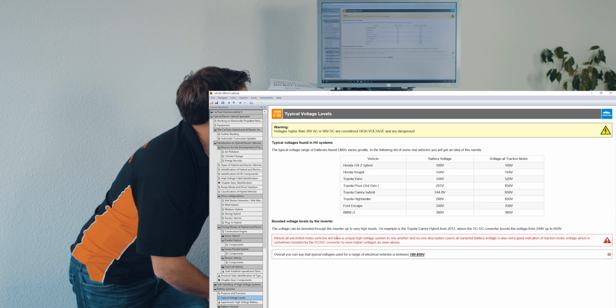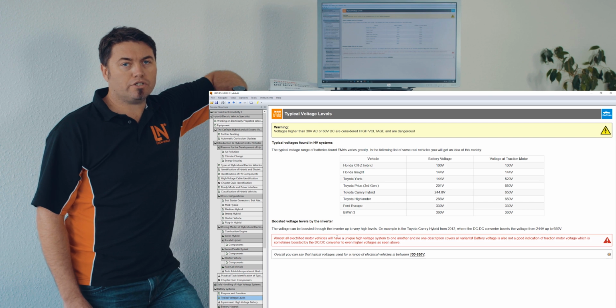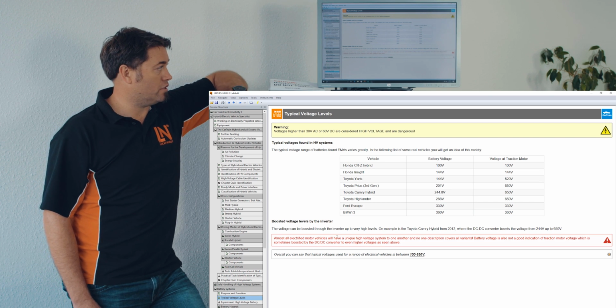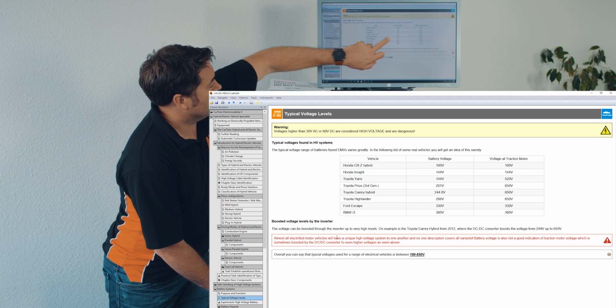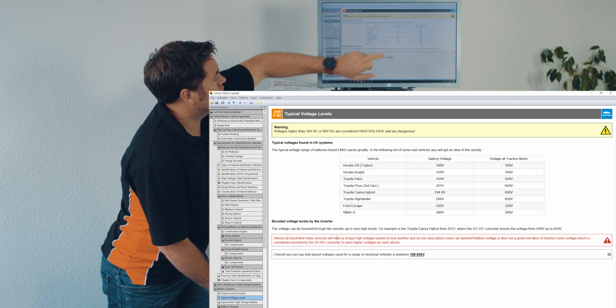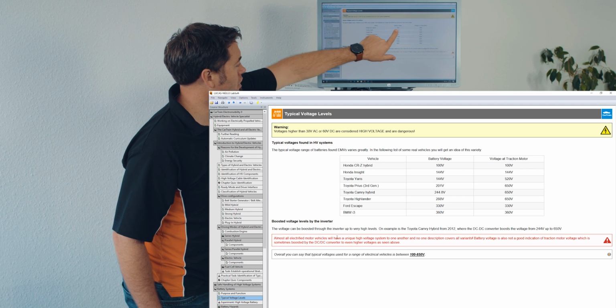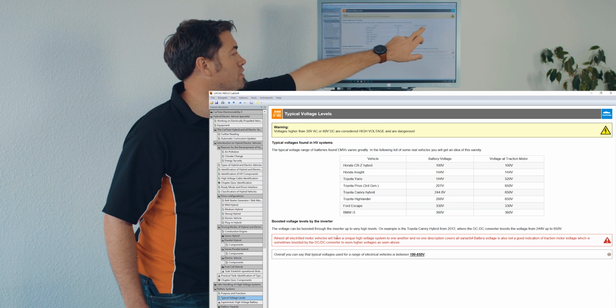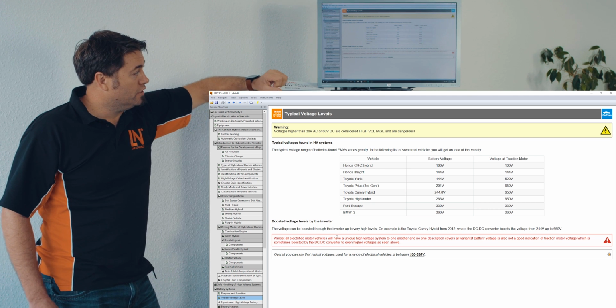I'll just jump down here. So we see this is some of the typical voltages that you find within various hybrid vehicles or electric vehicles. And you can see here we've got battery voltage, so that's the traction battery. Now you see a lot of manufacturers will use the same voltage at the battery as they do at the motor.